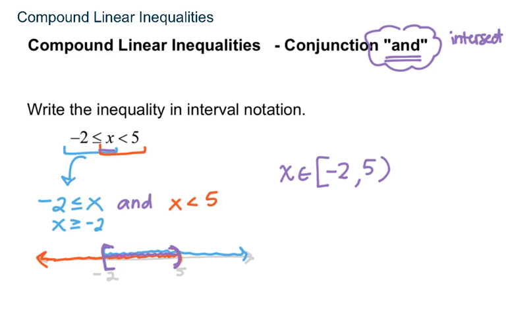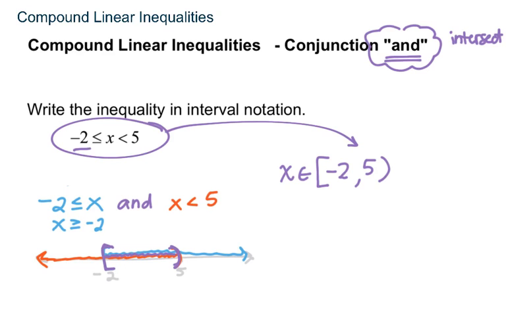So really, you don't need to do all of this work. When you see something that looks like this and it's written in conjunction, least to greatest, left to right, your solution set is just going to be those two numbers, right? And then you're paying attention to the equal to or the not equal to to determine bracket versus parenthesis.